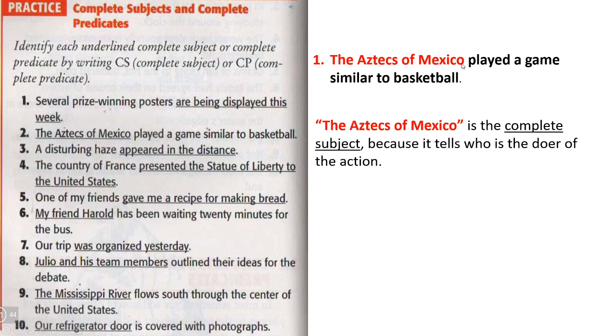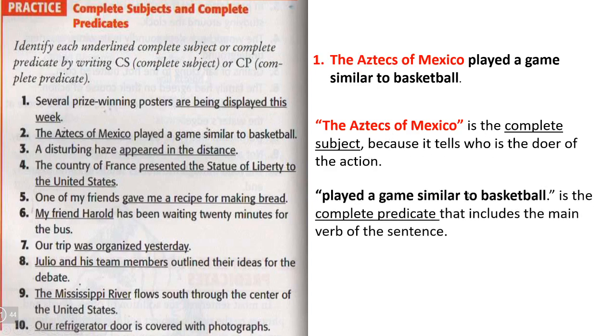So the Aztecs of Mexico is the complete subject, and the simple subject, if you want to mention it, is the Aztecs. And the complete predicate: played a game similar to basketball. So here obviously the verb played is the simple predicate.